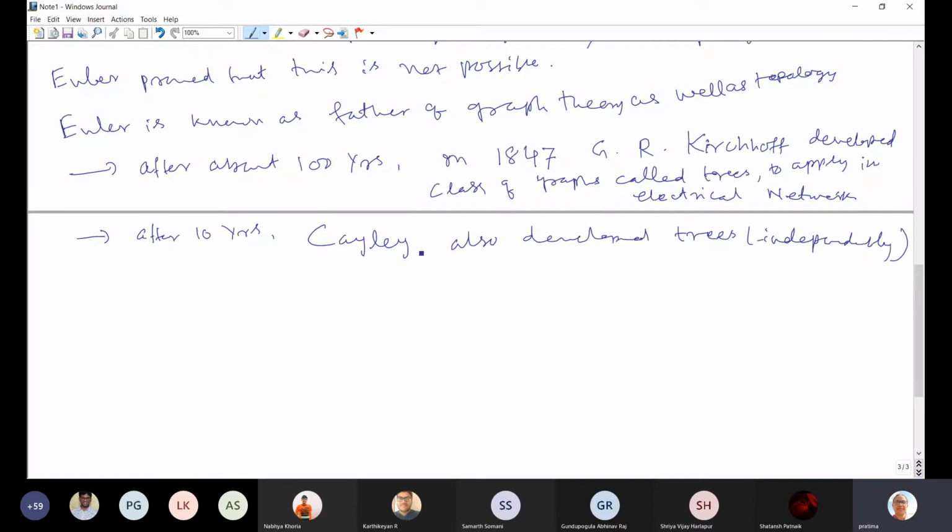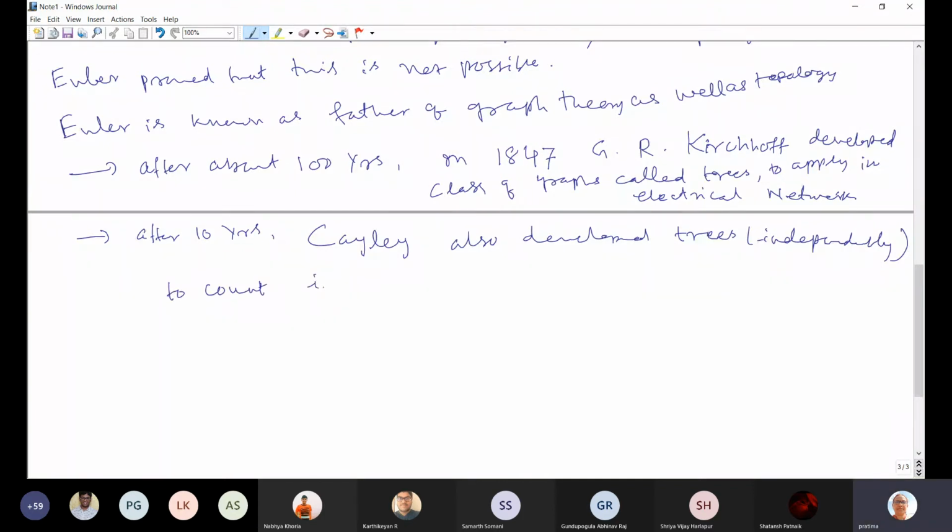Cayley introduced these trees to count isomers of saturated hydrocarbons. Cayley basically studied chemical structure, so while studying the structure of molecules and atoms, he introduced these trees.